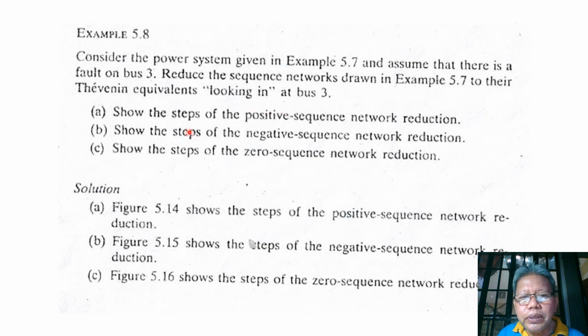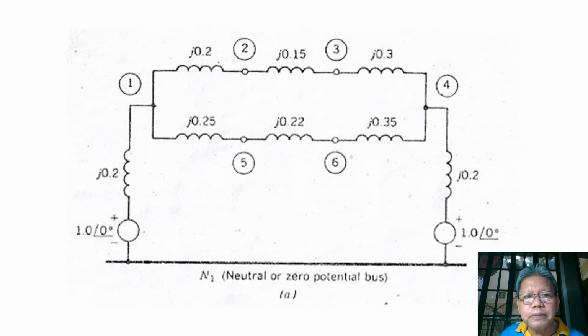So we have to show the steps of the positive sequence network reduction, second, the steps of the negative sequence network reduction, and lastly, the steps of the zero sequence network reduction. For our solution, we have figure 5.14 showing the steps of the positive sequence network reduction, figure 5.15 showing the steps for the negative sequence network reduction, and figure 5.16 showing the steps of the zero sequence network reduction.